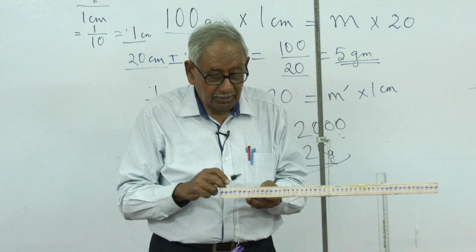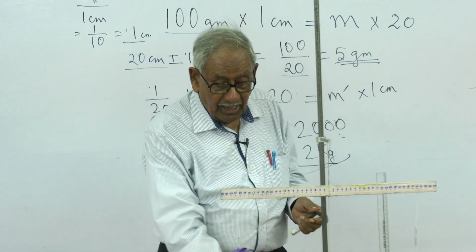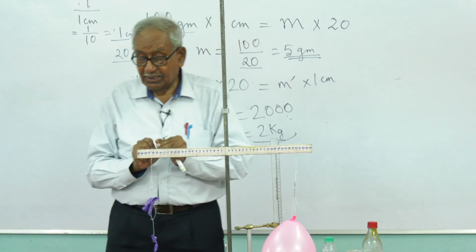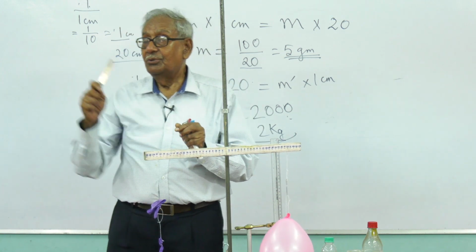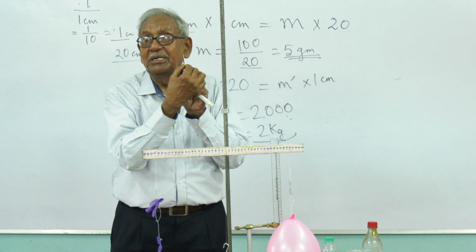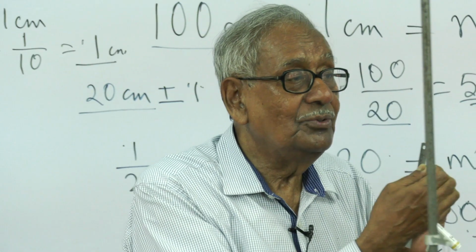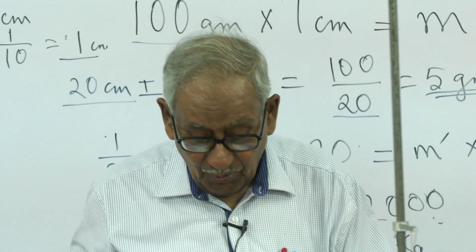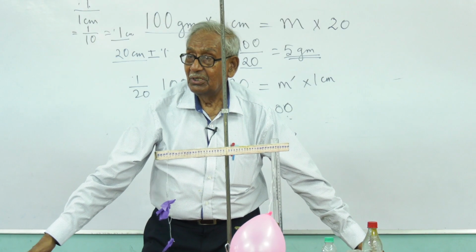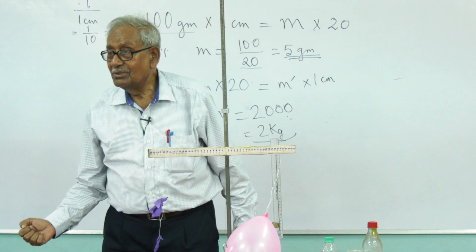As an example, I want to measure this thickness, and I have another scale. Should I use this scale to measure the thickness of this, or shall I use the screw gauge? Screw gauge. And if you want to measure this table length, can I use a screw gauge?